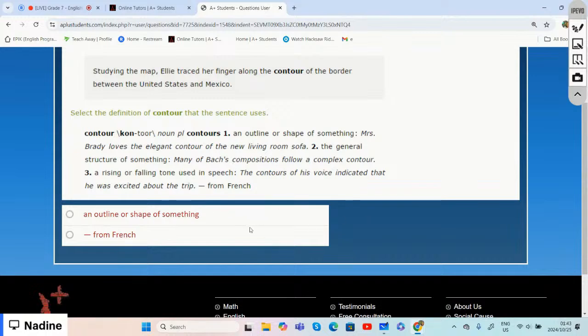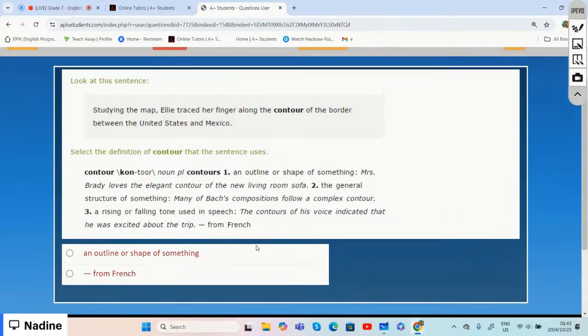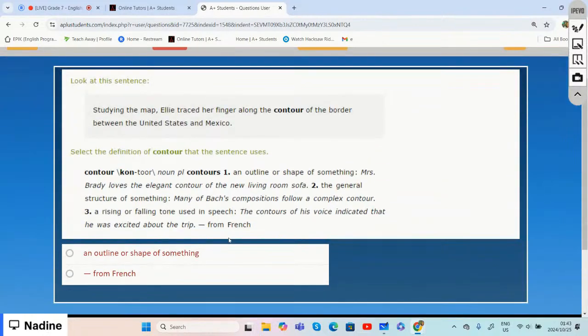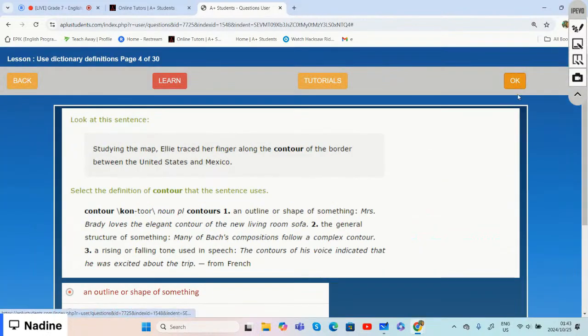And then lastly, we need to select the definition of contour, and we said it is to outline or shape something.